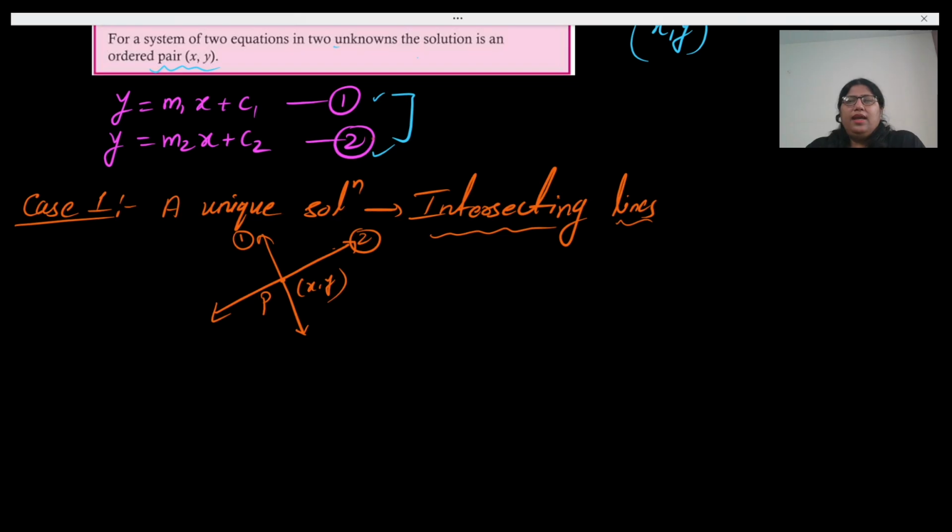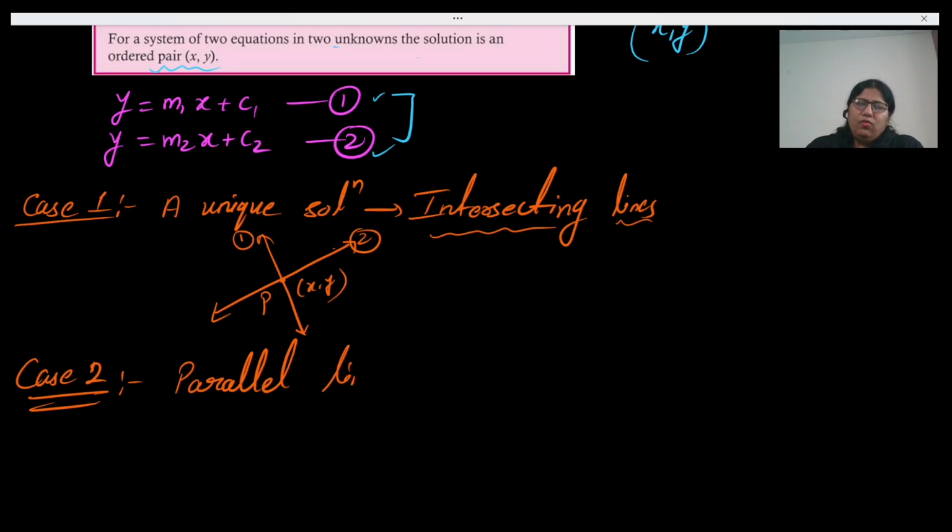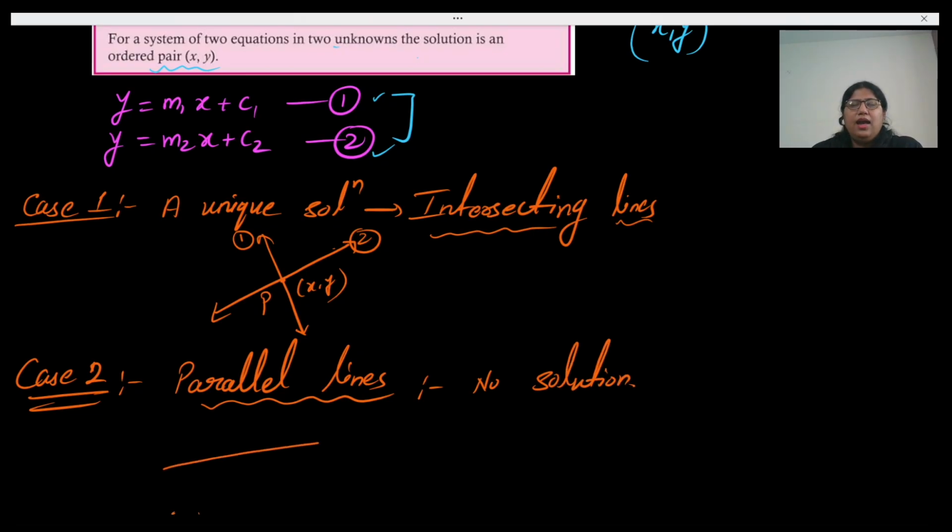Then what could be the second case in coordinate geometry? You have learned the second case can be parallel lines, right? So if I take line 2 and line 1, and they are parallel lines, then you will never get a solution because they are not going to intersect at any place.